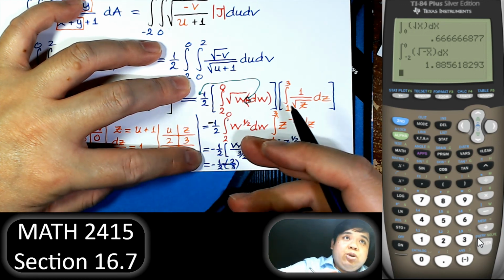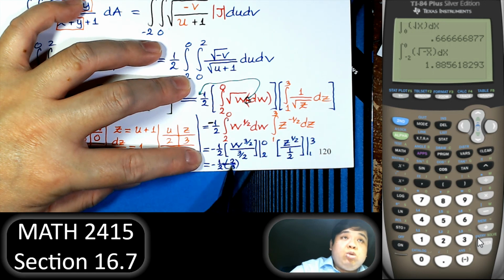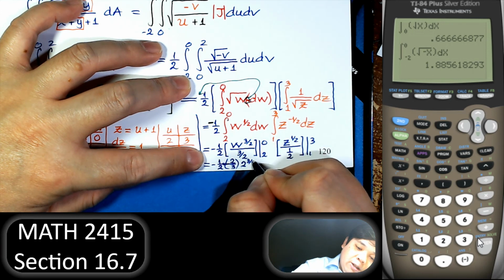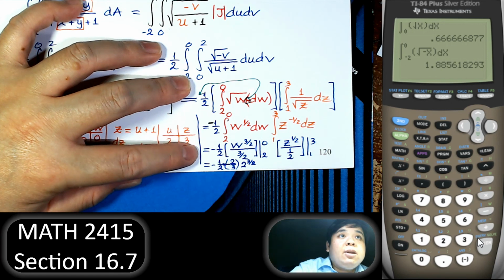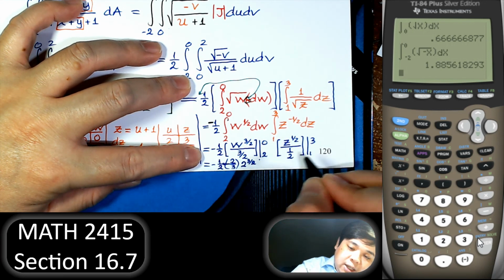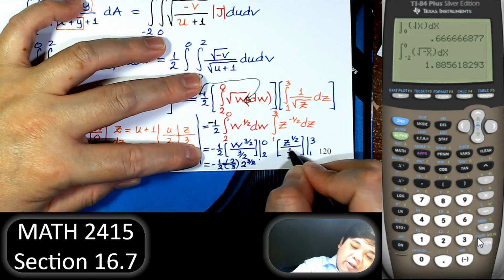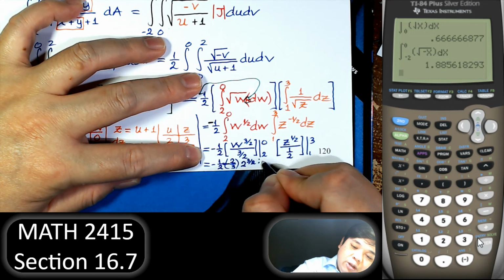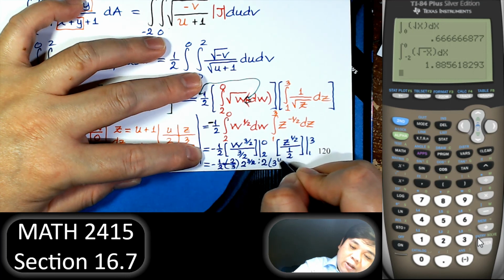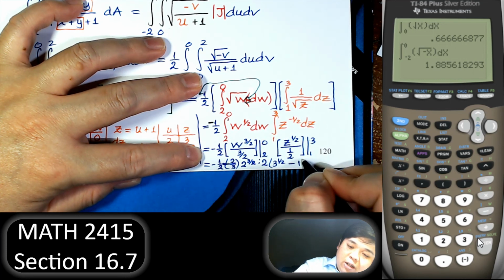So flip the 2/3, divide by 3/2 is multiplied by 2/3. This is a lower limit, so that's subtract. And then w to the 3/2, so we have 2 to the 3/2. And then we have divide by 1/2 is multiplied by 2. And then 3 to the 1/2 minus 1 to the 1/2.